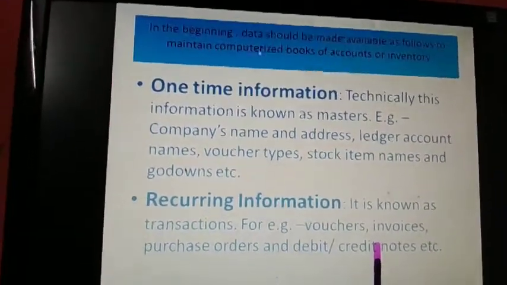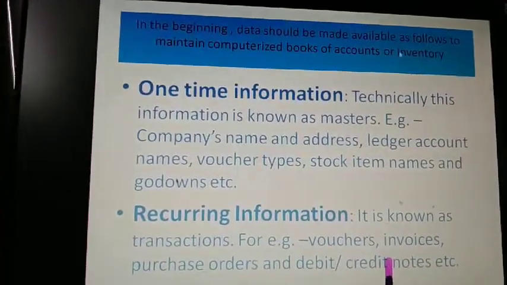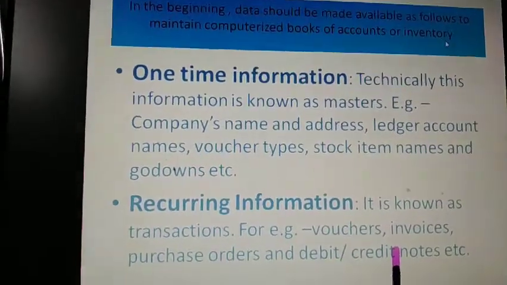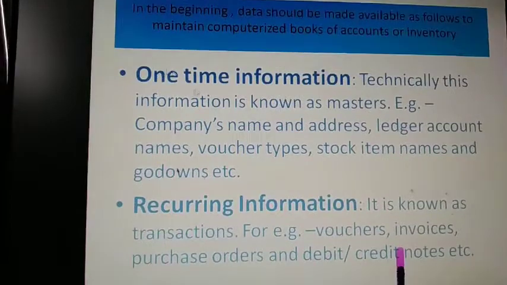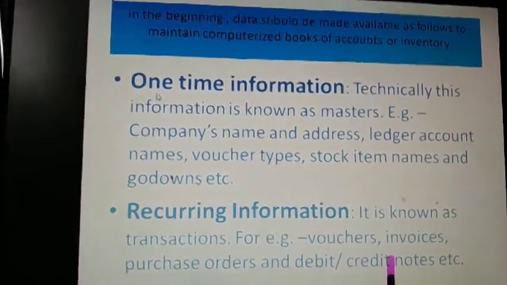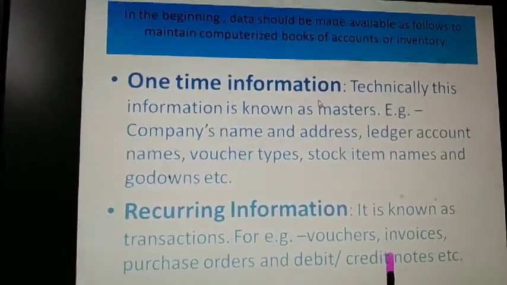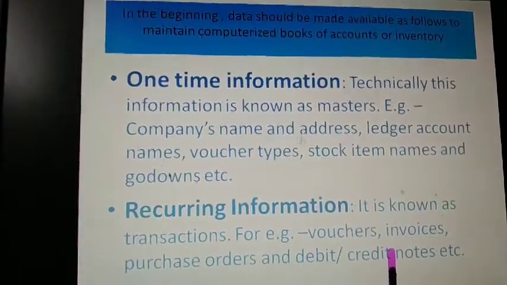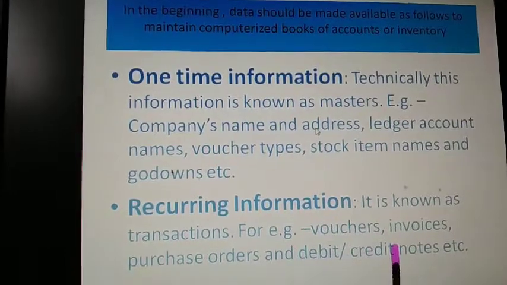In the beginning, data should be made available as follows to maintain computerized books of accounts or inventory. The data should be one-time information. You will be entering this data in Tally one time.